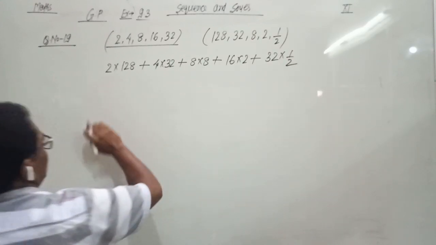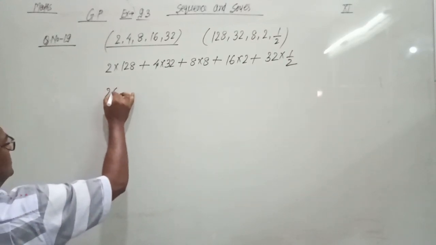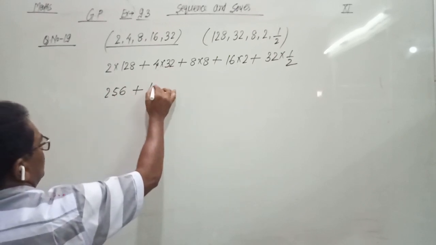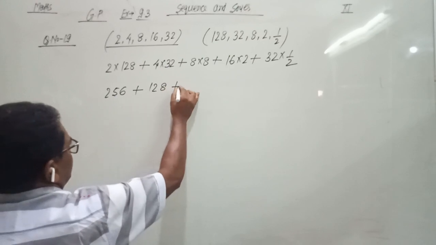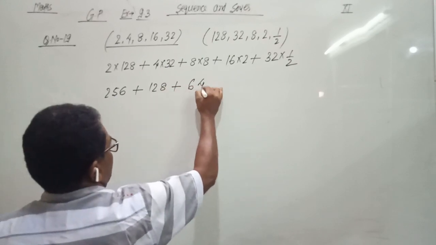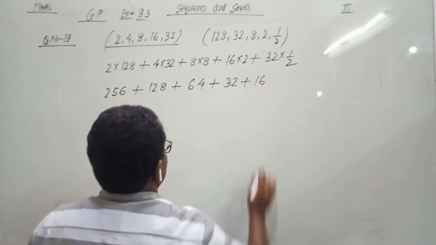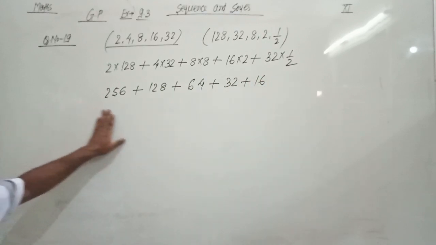So 128 into 2 becomes 256, 32 into 4 is 128, plus 64, plus 32 and plus 16. We have to find the sum.